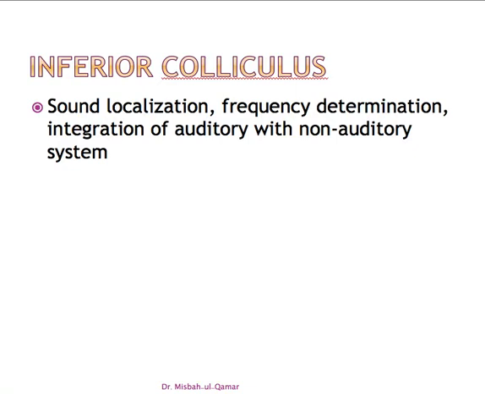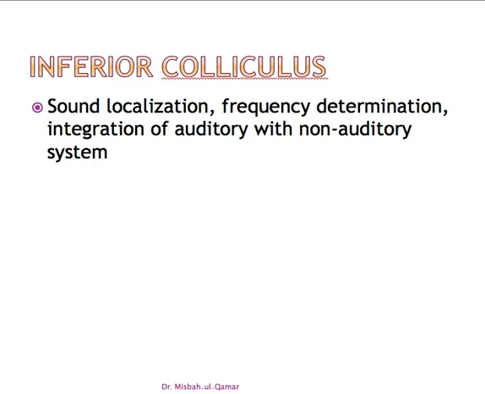Now I'm going to give you more detail, and it is totally up to you if you want to learn in such detail. But I have to tell you that this inferior colliculus has three parts: central and paracentral nucleus, and the cortical area.